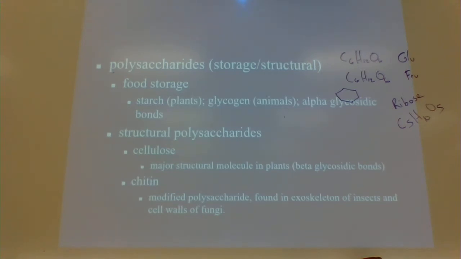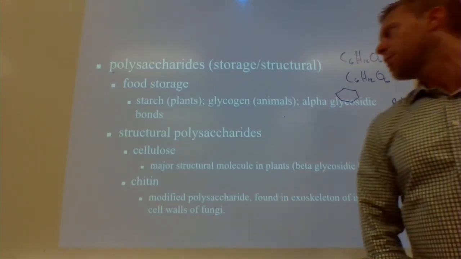Carbohydrates are not bad. It's a matter of knowing when to eat the right carbohydrates for the situation. Right? Polysaccharides like starches are going to give you long-term sustained energy. Monosaccharides are going to give you short-term energy. We actually store energy as a polysaccharide.